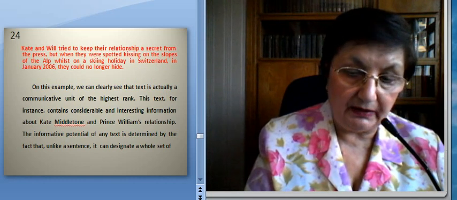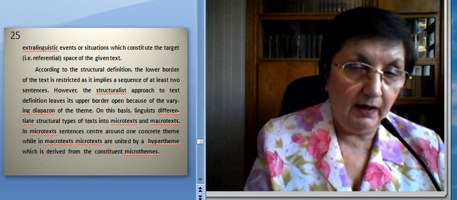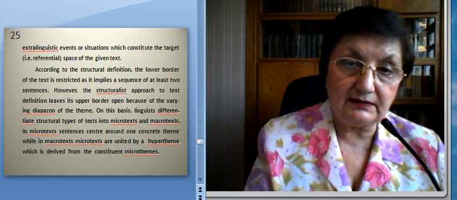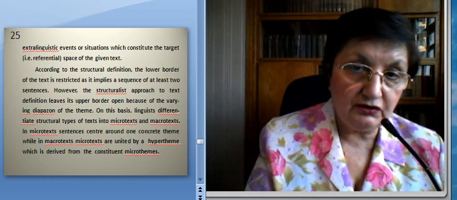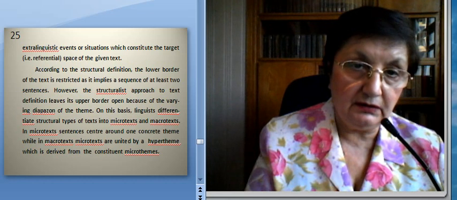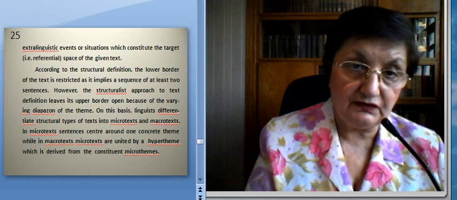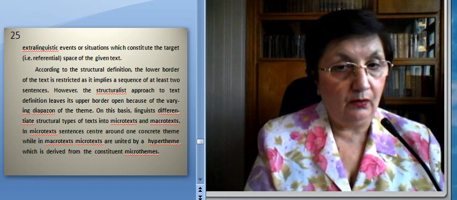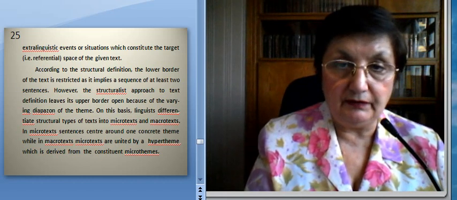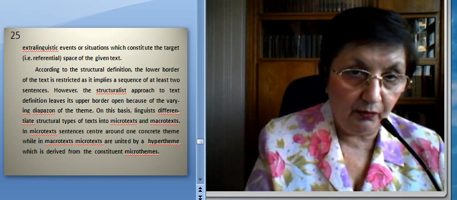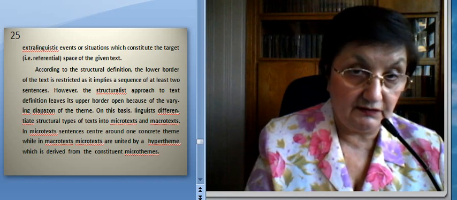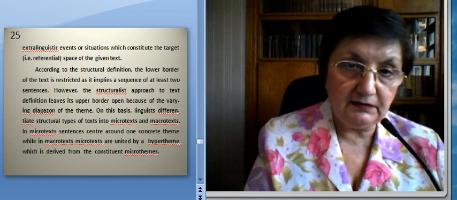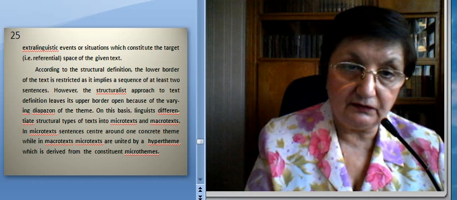According to the structural definition, the lower border of the text is restricted, as it implies a sequence of at least 2 sentences. However, the structuralist approach to text definition leaves its upper border open because of the varying diapason of the theme.